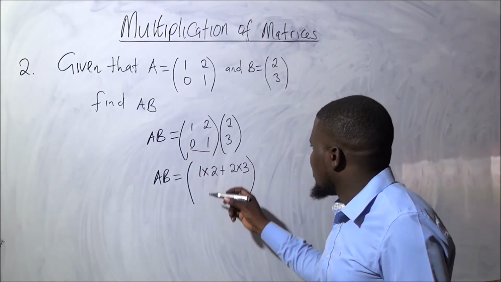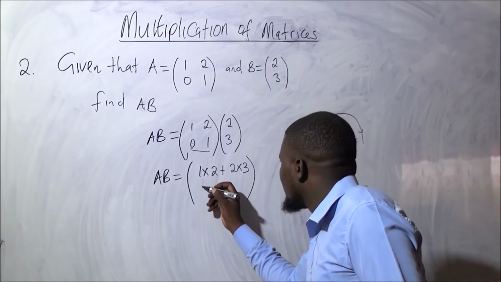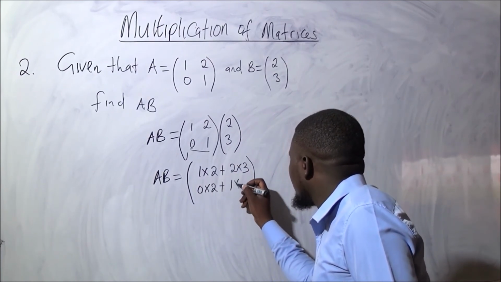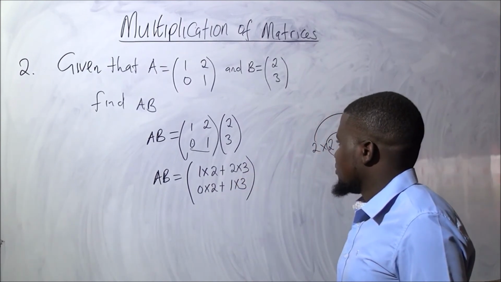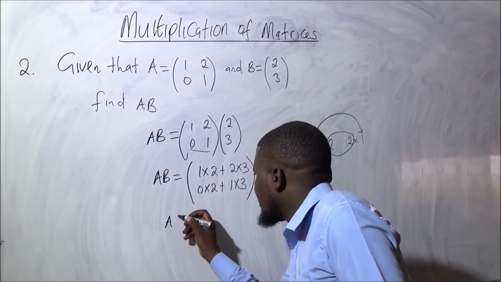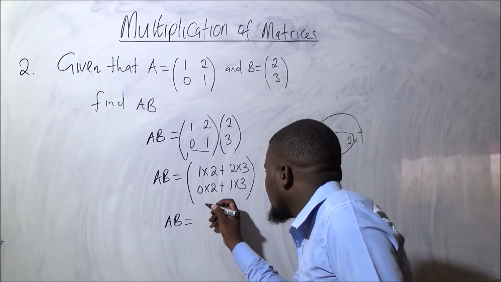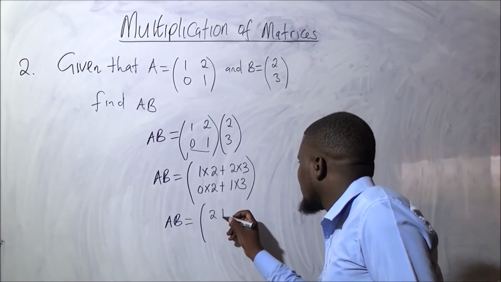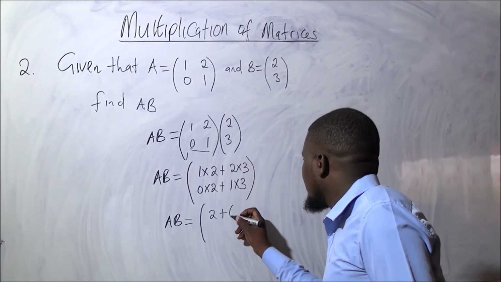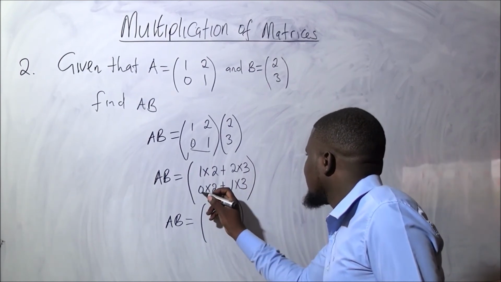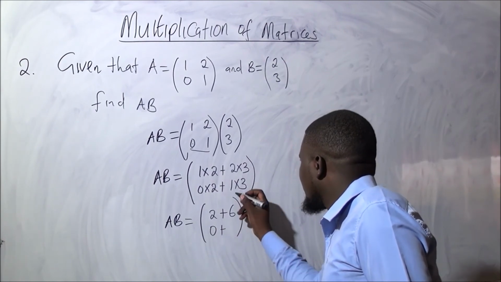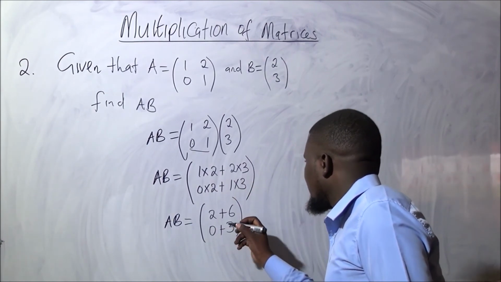We'll say 0 multiplied by 2 plus 1 times 3. Then we'll say that our AB will be equal to, this times this one, it's 2, plus this times this one, it is 6. This times this one, it is 0, plus this times this one, it is 3.